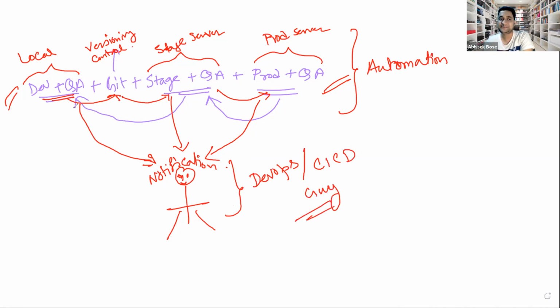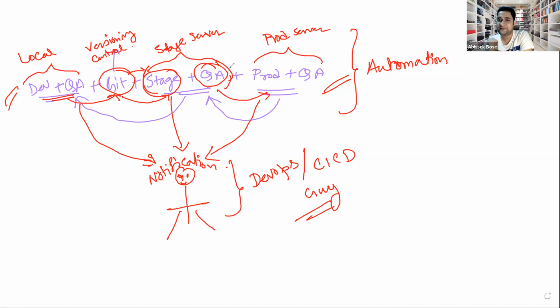You will spend only whatever time is required. Once this flow is set up, you will just watch, because the developer will automatically push the code to Git. Whenever Git accepts any new changes, it will automatically shift that code to the server. In the server, it will automatically deploy and testing will happen.